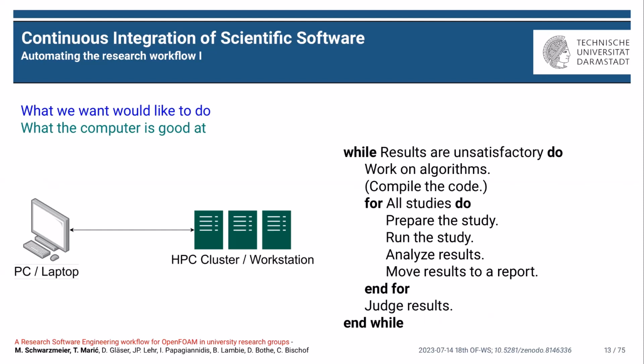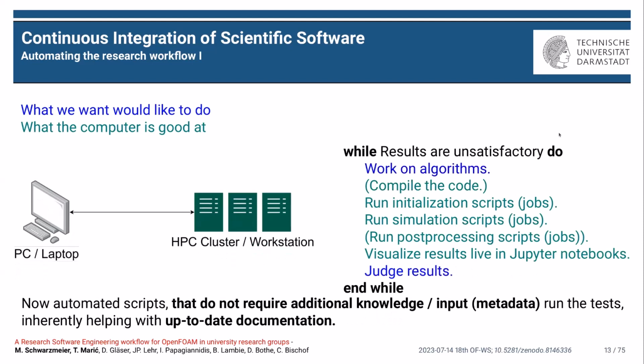So considering this, we can divide the processing into what we want to do and what we hope we are good at, and what we know that the computer is good at. And basically this modifies our workflows.